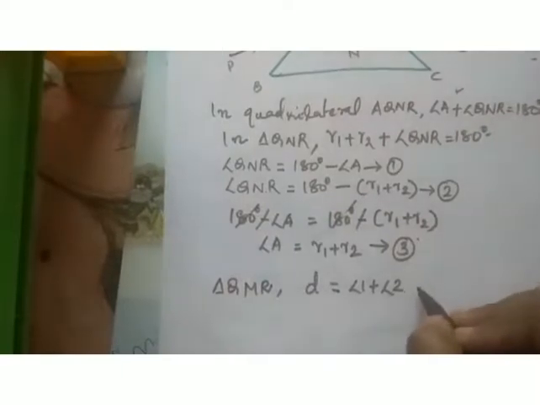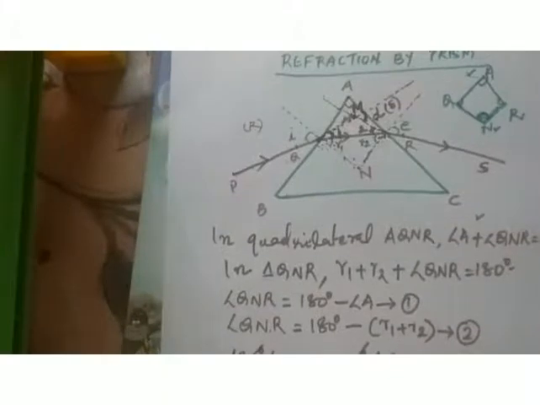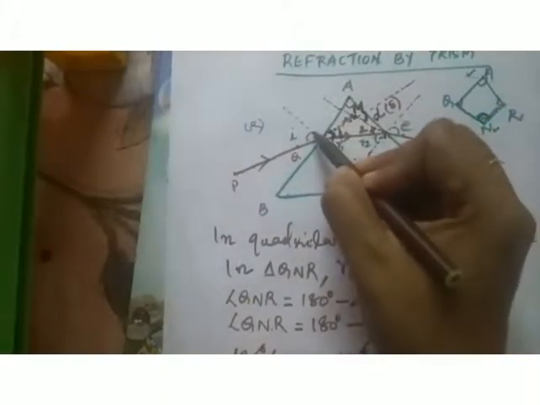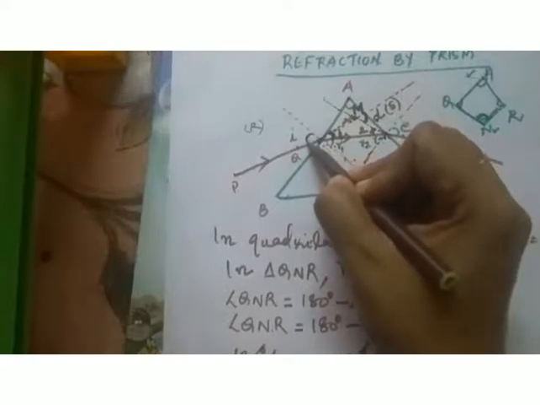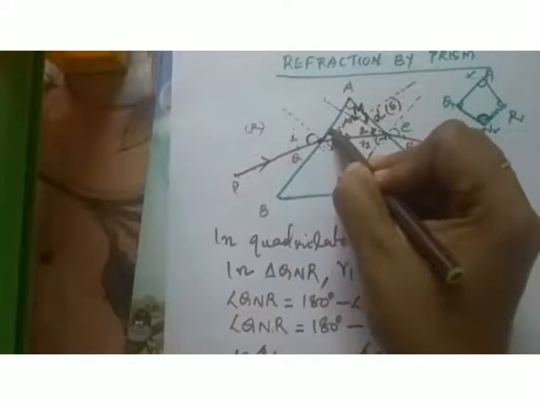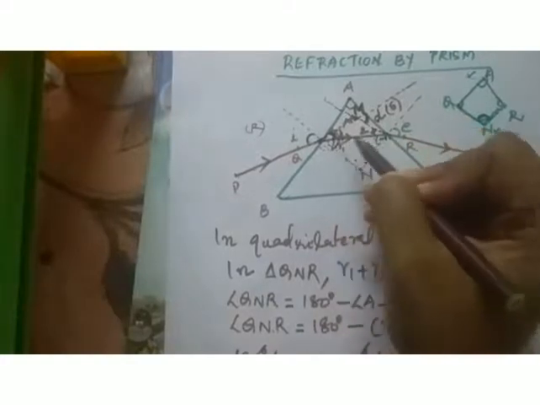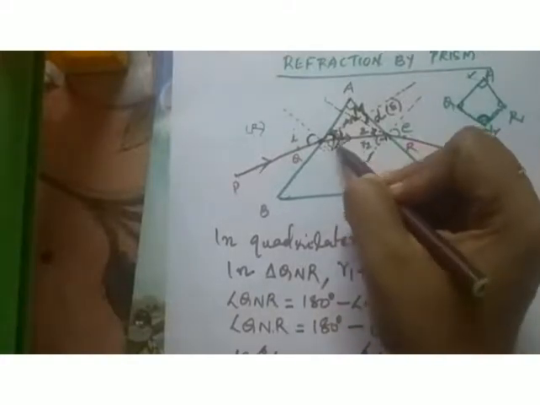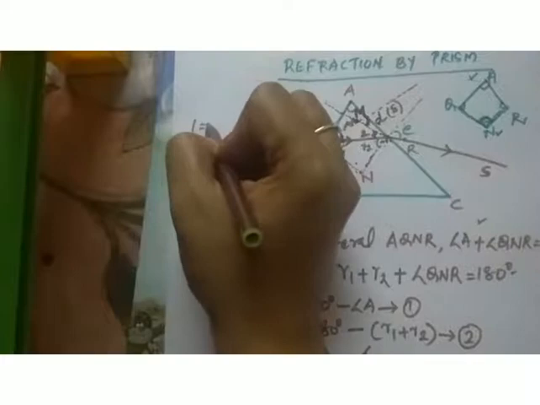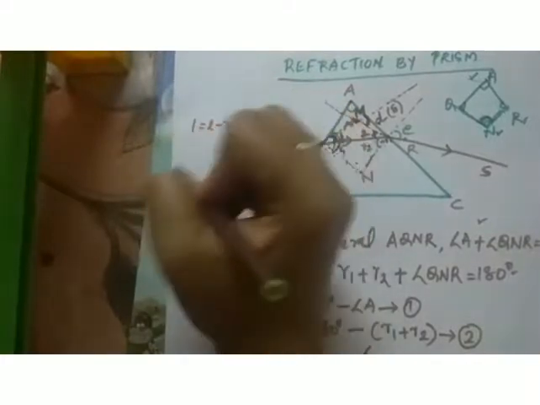Now what is angle 1? See, this is angle 1. You know this whole angle is I. So this whole angle will be I. Okay, and if we subtract R1 from this I, you will get 1. So here 1 is angle I minus R1.